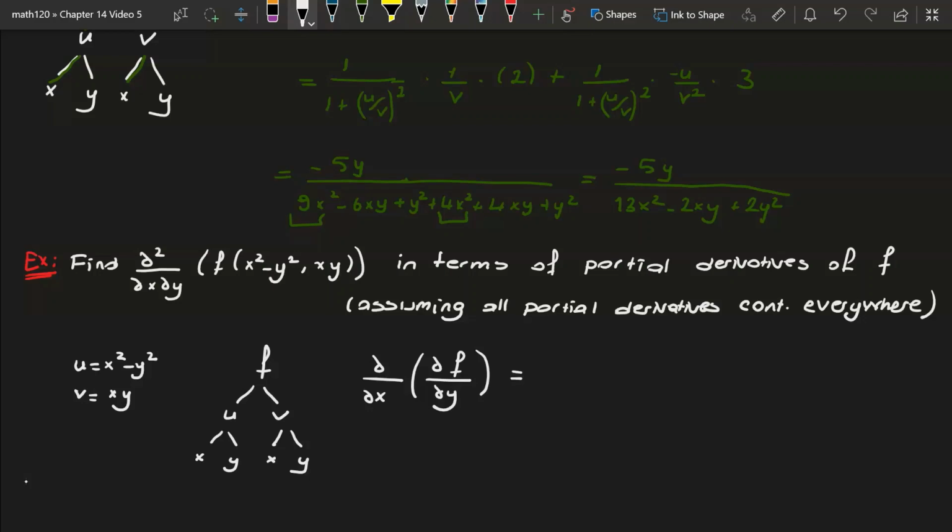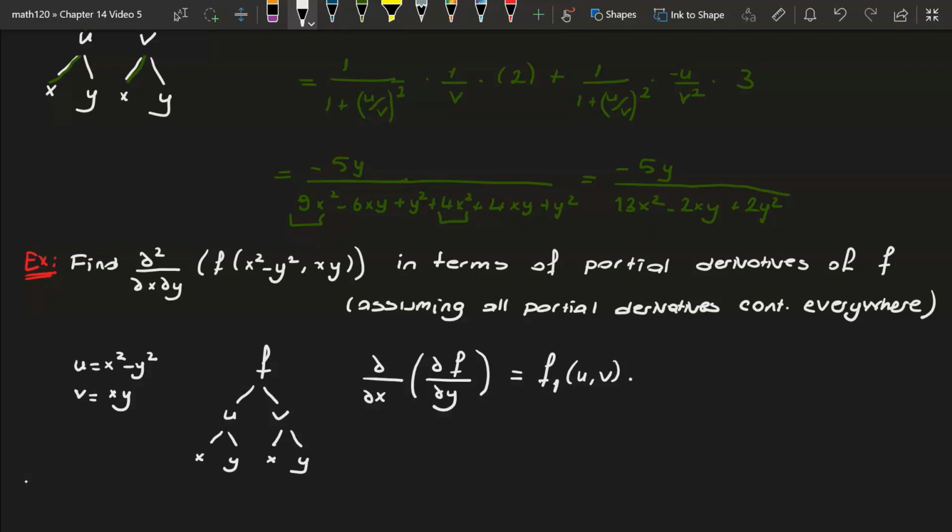Del f over del y, derivative of f with respect to u, partial derivative of f with respect to the first component. So instead, maybe it's better to write f sub 1 of uv times the derivative of u with respect to x. The u is x squared minus y squared.